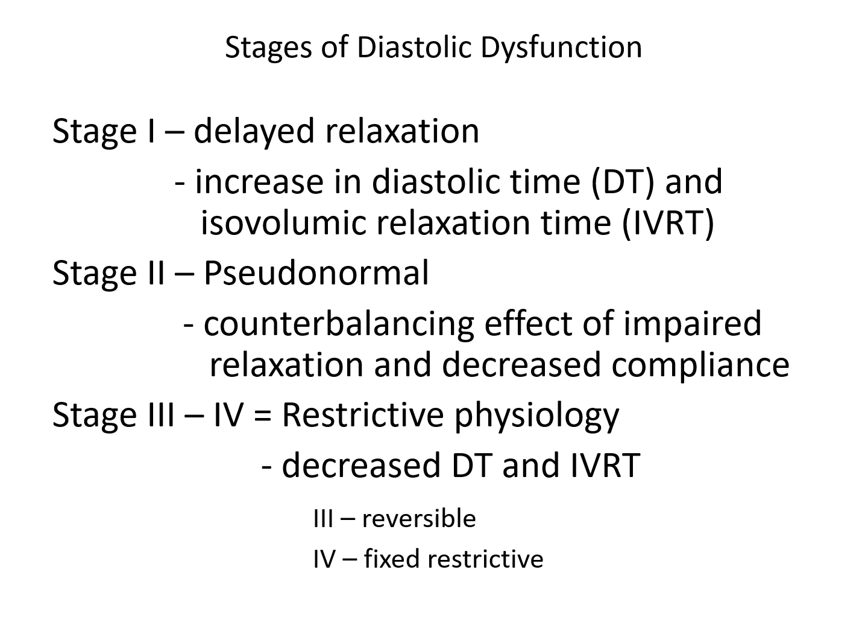And a delayed relaxation means there is still high left ventricular pressure such that there is a lower pressure gradient between the left atrium and the left ventricle during the diastole, such that this will have an increase in the diastolic time and may also increase the isovolumic relaxation time. That's stage 1 of diastolic dysfunction.